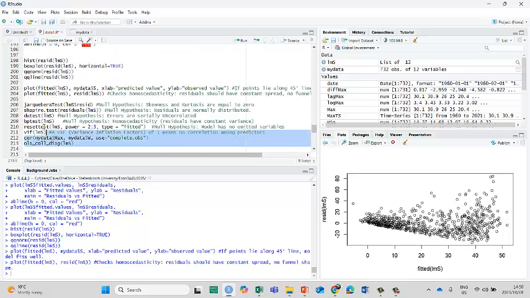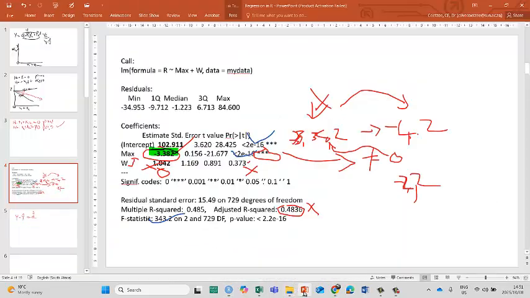Now the test doesn't specifically tell us what the coefficient should be. It just tells us whether there may be a problem with those coefficients or not. Those tests don't tell us whether that minus 3.38 should be minus 4 or minus 2. No, it doesn't tell us that.